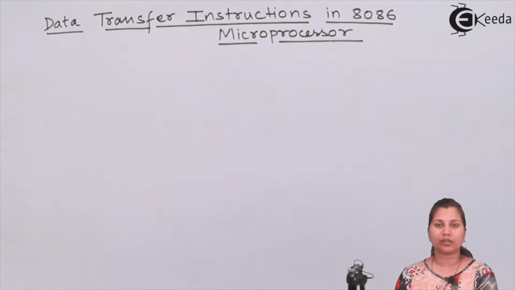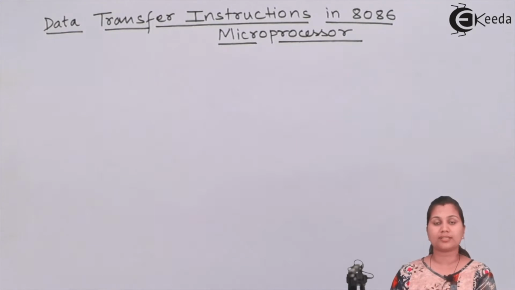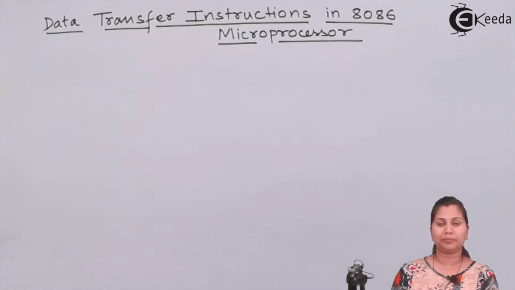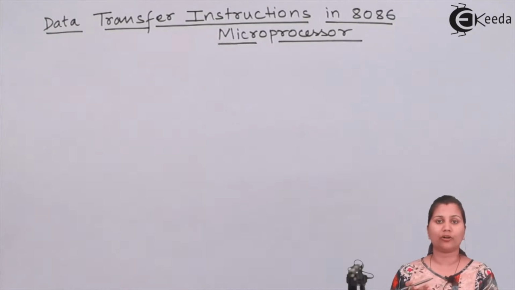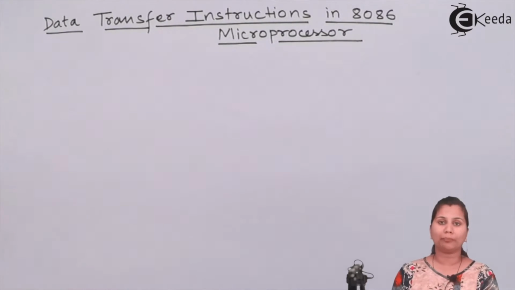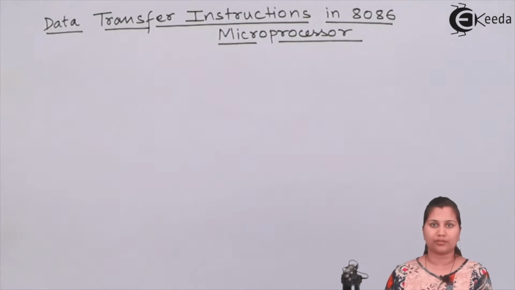Data transfer instructions are those instructions which transfer the data from one position to another position. So if we want to transfer, move, or copy the data from one place to another place, then we use these data transfer instructions.